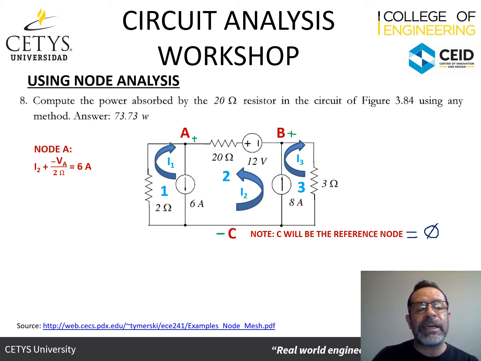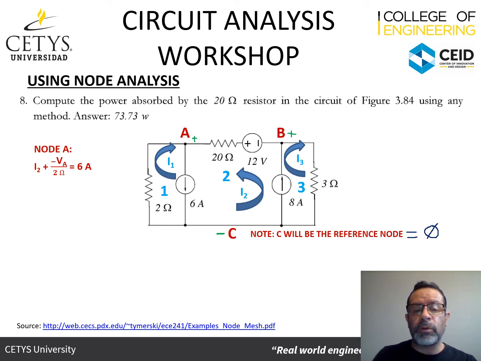So we've got I2 that's going in, and then we've got I1, but let's represent I1. I1 is the current that's going through the 2 ohm resistor. And so how are we going to represent that current I1 with regards to what's happening with the 2 ohms? We know that by Ohm's law, the current is going to be voltage divided by resistor.